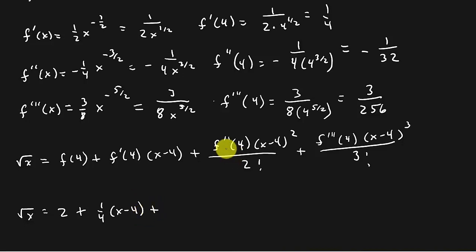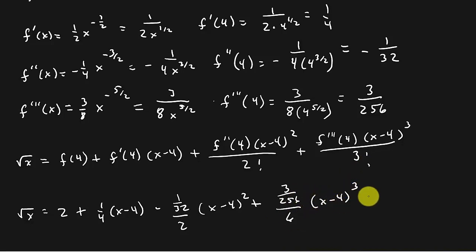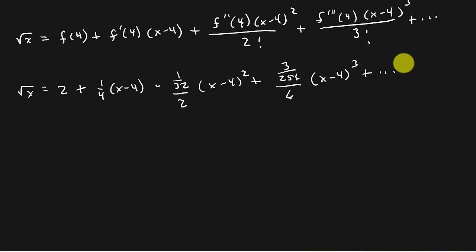Plus, and then f double prime of 4 is negative 1 over 32, divided by 2 factorial, which is 2, times x minus 4 squared. Plus f triple prime of 4, which is 3 over 256, over 3 factorial, which is 6, times x minus 4 cubed, plus dot, dot, dot. I forgot to put the plus dot, dot, dot there.